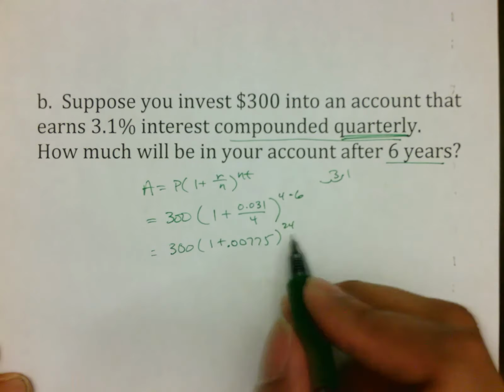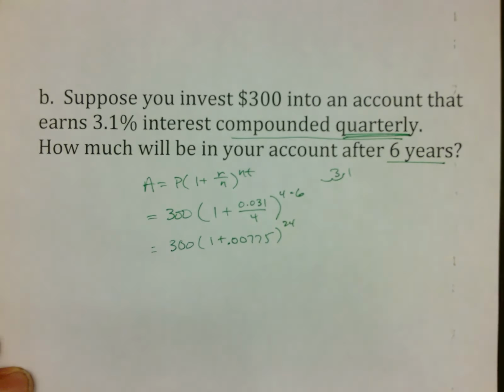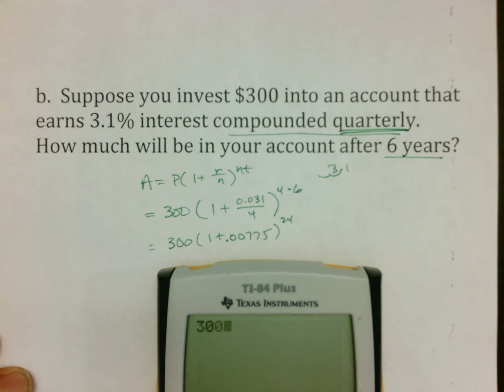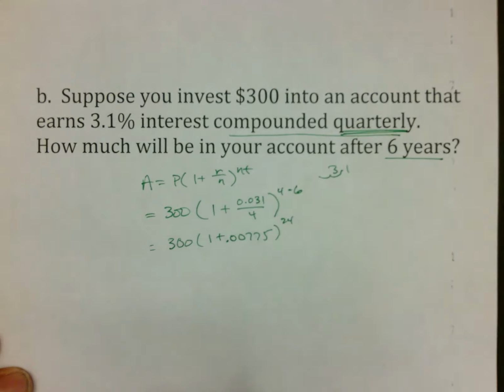And I'm going to turn that number into an actual number, and then I'm going to type it in from there. So I'll clear this so it's visible. 300 parentheses 1 plus 0.00775 caret 24, and it says it will be worth $361.07.